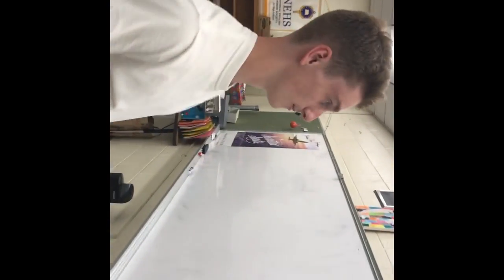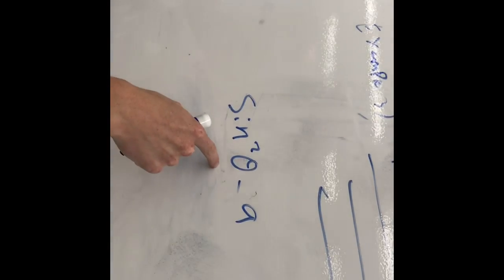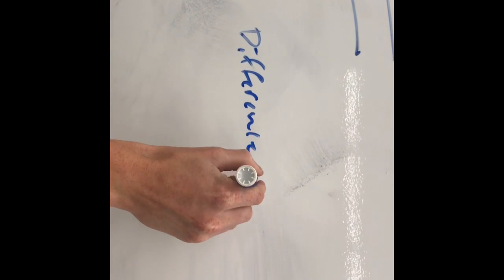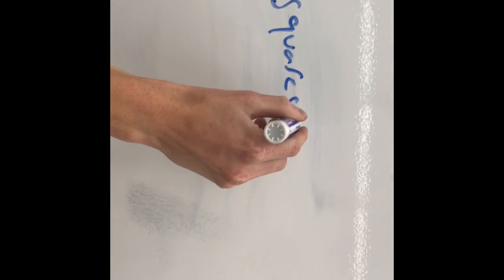All right, guys, so we're moving on to example 3, factoring. Starting out with sine squared of theta minus 9. And if you know anything from our other units, you know that this is a difference of squares.